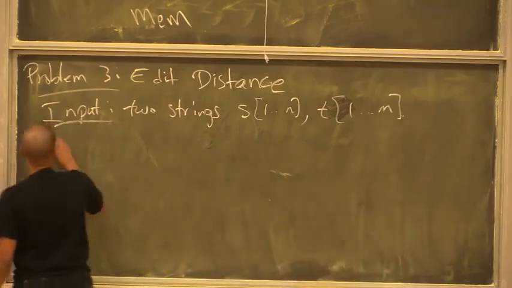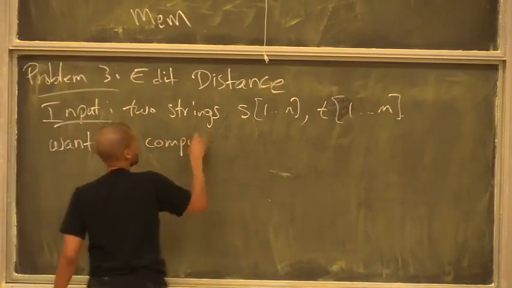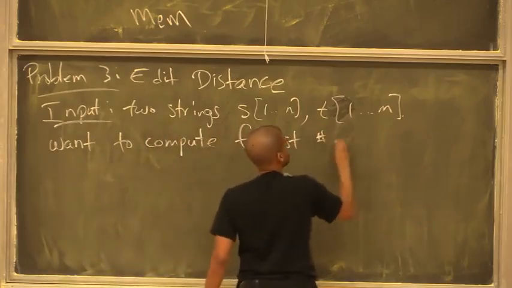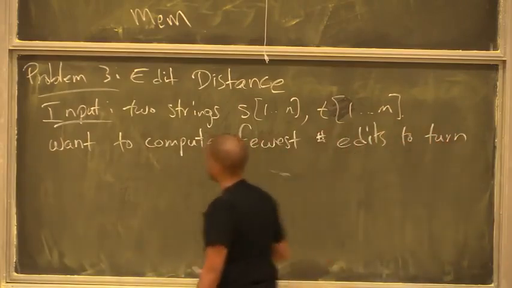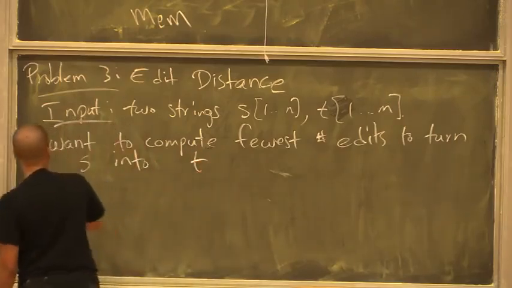And I want to compute the fewest number of edits to turn S into T. What are the allowed edits?